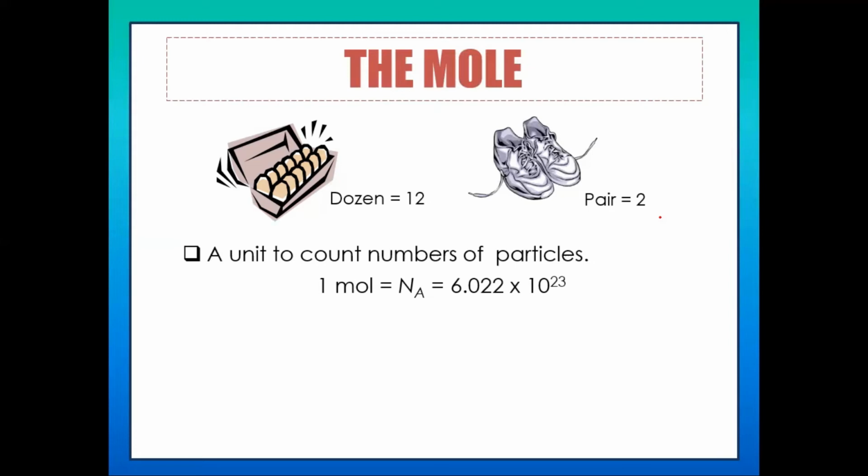Now, to simplify everything, your 1 dozen, equal to 12 pieces, and your 1 pair, equal to 2 pieces, are the same in concept as your 1 mole. Whatever substance we are referring to, 1 mole of that is equal to 6.022 times 10 raised to 23.